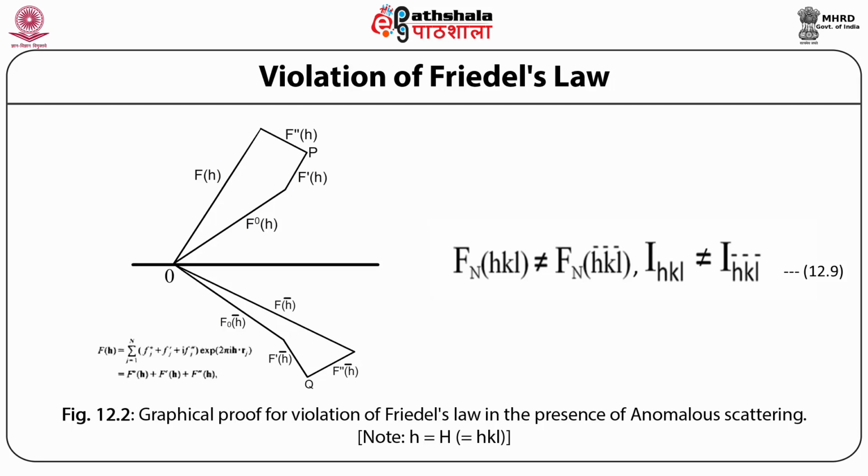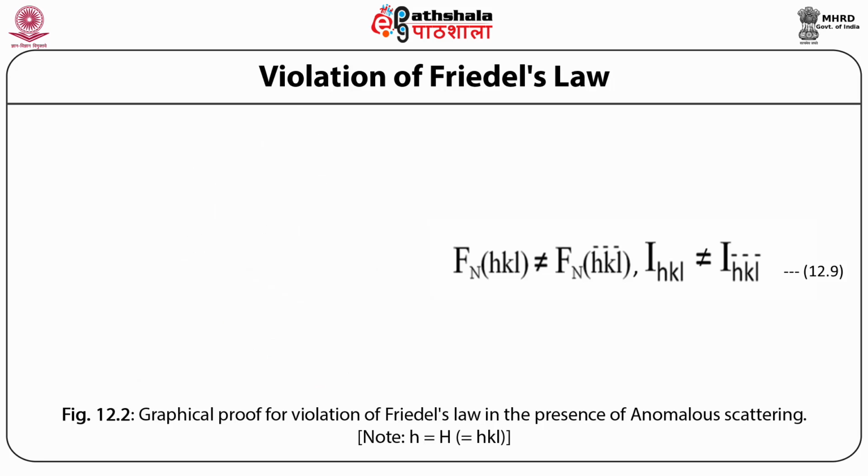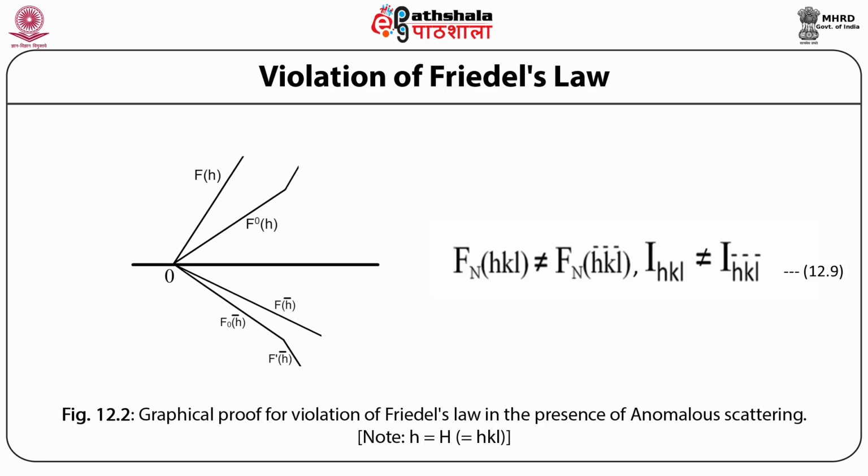Now from the graph you can easily see that the F of h length is shorter than F of h bar. That is, intensity mod F of h whole square will not be equal to mod F of h bar whole square, which means that this difference in intensities between the h reflection and h bar reflection, that is HKL and h bar, k bar, l bar, is caused because of the longer length in the inverse reflection compared to the shorter length in the HKL reflection corresponding to these structure factor magnitudes.